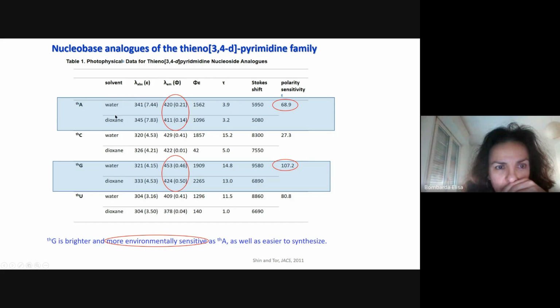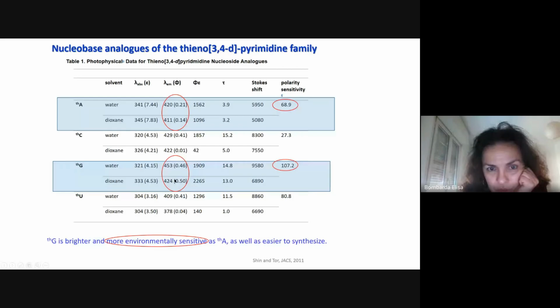So in two different solvents, water being more polar, of course, there is a change in the emission wavelength, and the factor that indicates the polarity, and actually thienoguanine is better than thienoadenine, as you see.